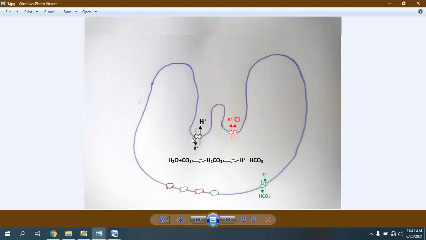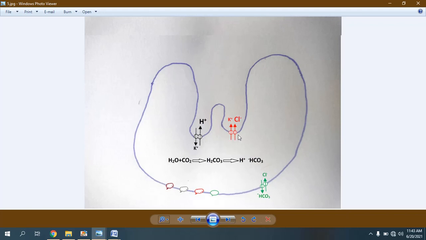So over here you can see that the proton potassium channel is there. Proton potassium channel is responsible for the secretion of proton and absorption of potassium. This is actually called the proton pump, which pumps out the proton and absorbs the potassium at one time. It pumps the proton outside into the canaliculi and absorbs the potassium.